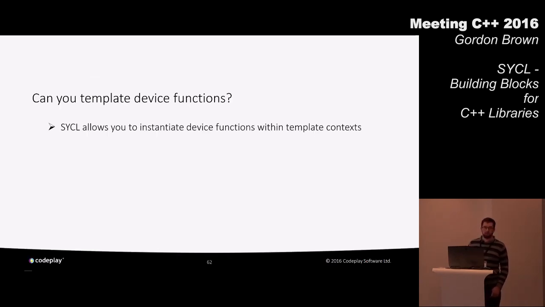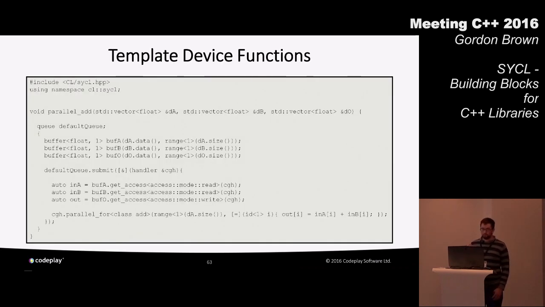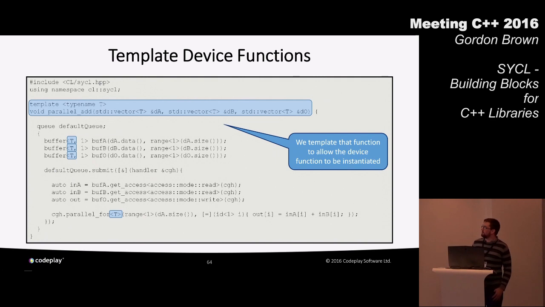So next I'm going to go into some commonly asked questions with SYCL. The first one is: can you template your device functions? And the answer to this is yes. In SYCL, you can template device functions simply by templating the surrounding context. So in order to template this function, we simply template this parallel add.